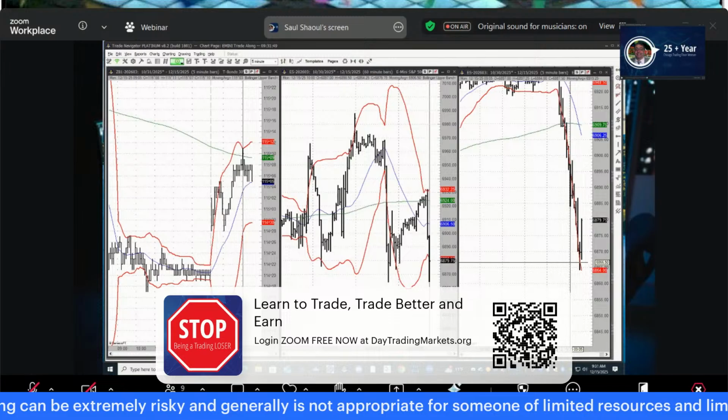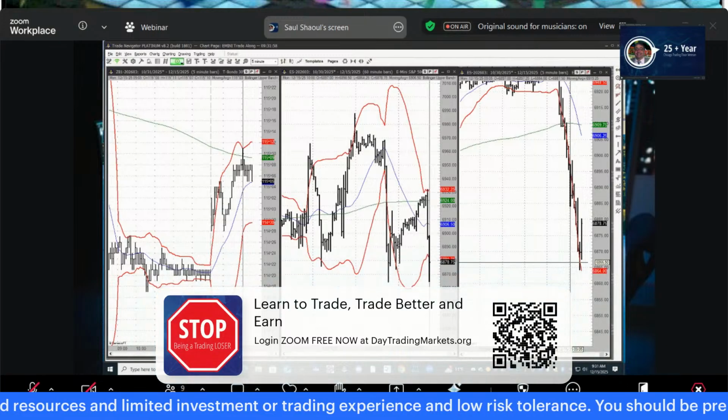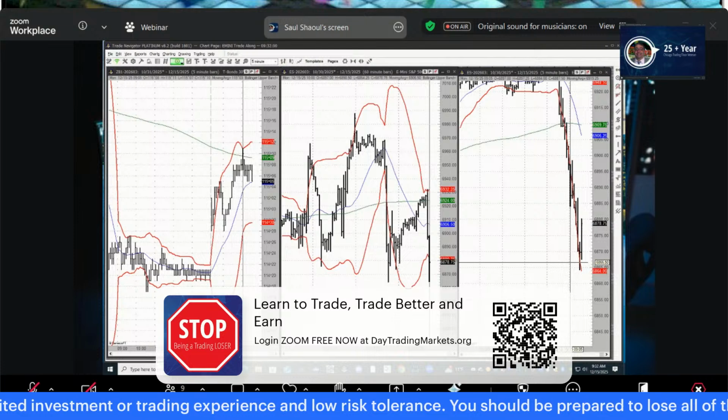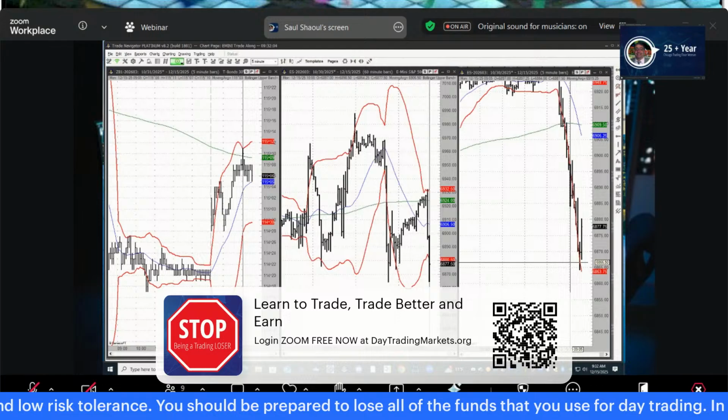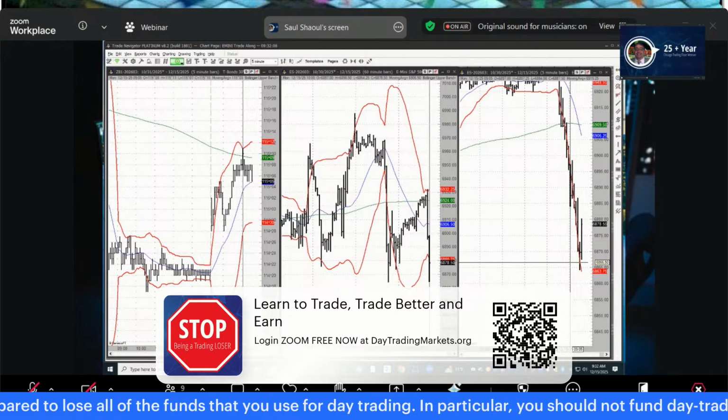So again, we just missed out on our entry point down there. Be careful there at 63. It got right down to 64 and a quarter. That's kind of annoying. Maybe if you were a little aggressive, you jumped in there a little bit ahead and were able to get filled down there.